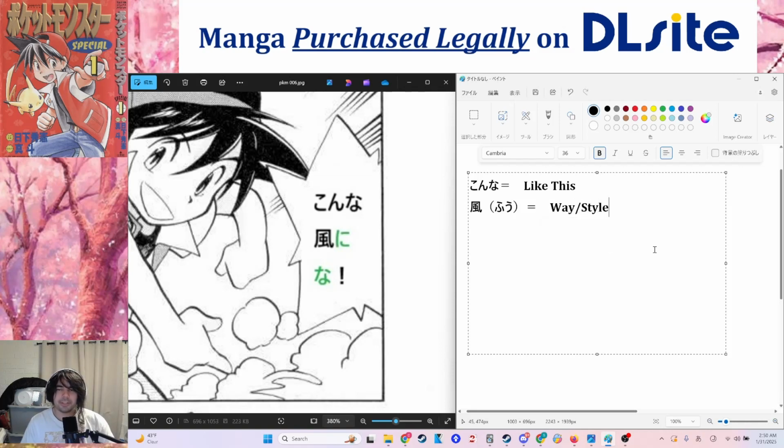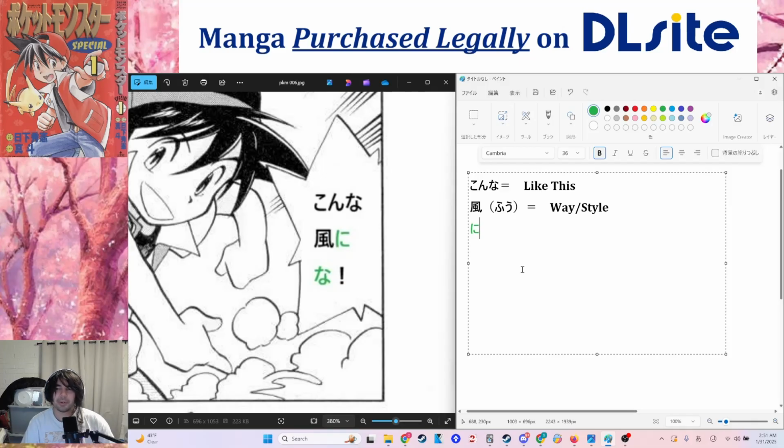In English, having these two together creates kind of an awkward situation because we would never say like this style or like this way. But the implication here is what you should be paying attention to, not the exact English meanings. So this way or this style or in a way like this or in a style like this is going to be your more literal translation when you see characters like this together.